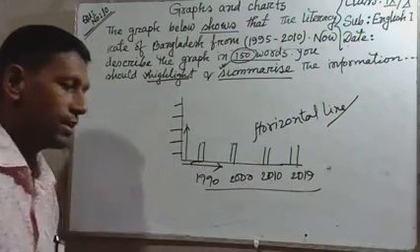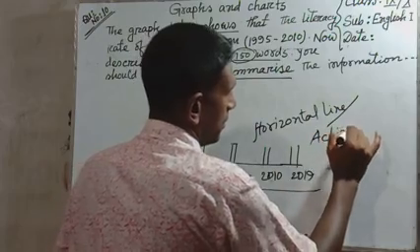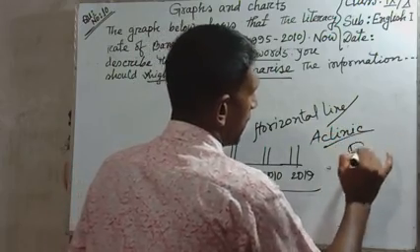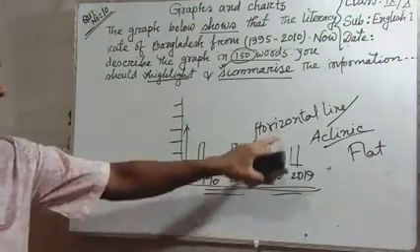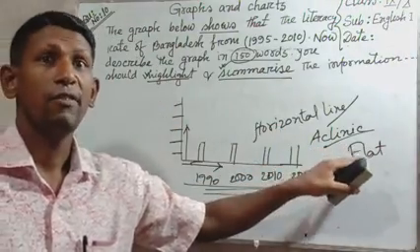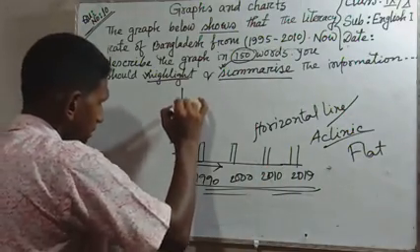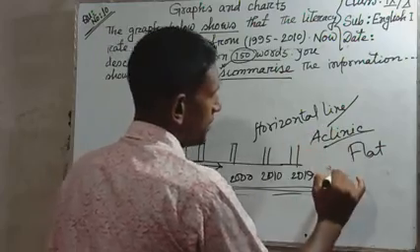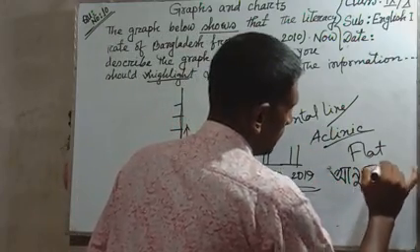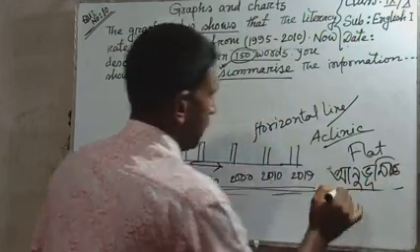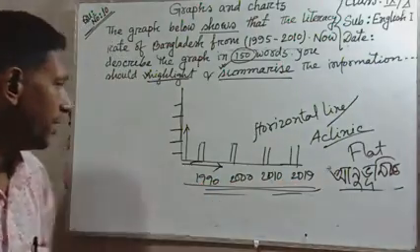Its other names are level or flat. That is the row. And on the other hand, there is the Bengali meaning too. The horizontal, level, flat line is for the year.